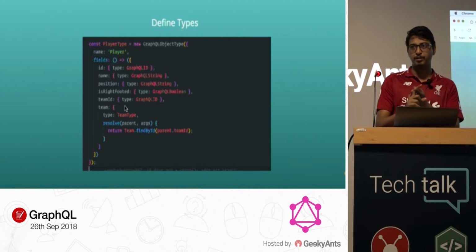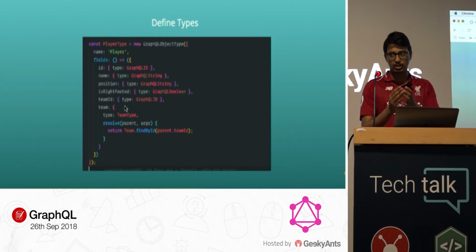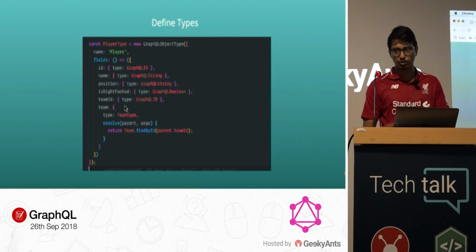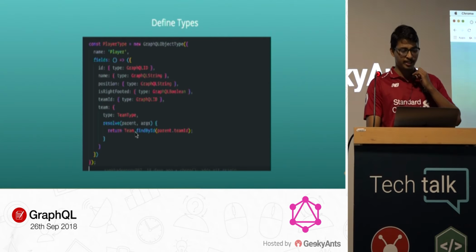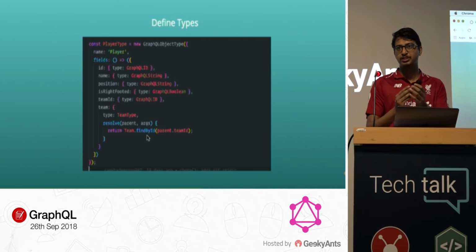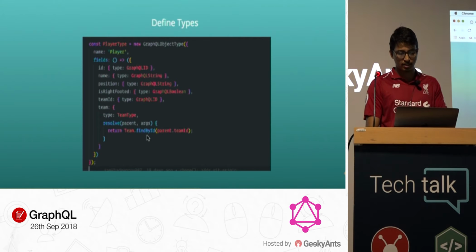Since one player plays for a particular team, we can also get the team from it. It is also there in the player schema itself, so we don't need to make another request. So here is what we have. The team we are finding is the team for which the particular player is playing. So that we'll get by find by ID parent.team ID.